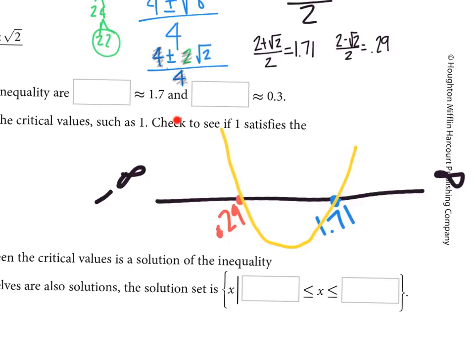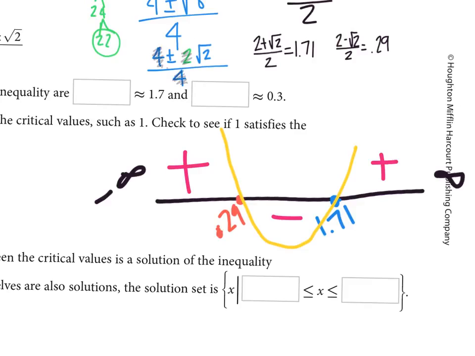Is it above the x-axis or below the x-axis? Above, so on that interval it is positive. What happens between 0.29 and 1.71? It's negative because it's below the x-axis. And what happens between 1.71 and positive infinity? It is positive because it is above the x-axis.